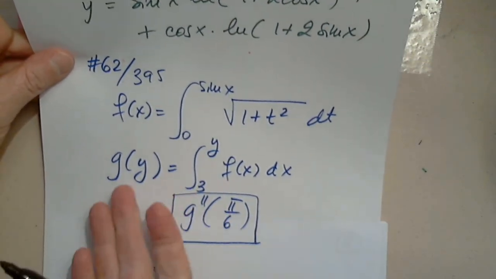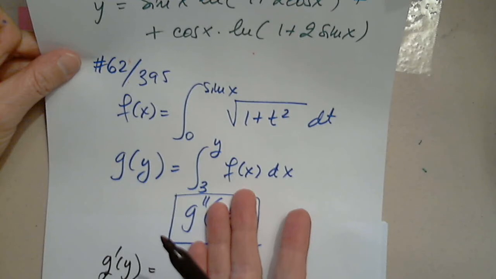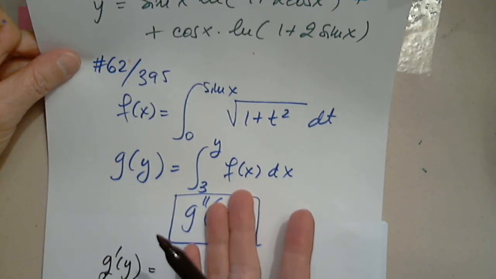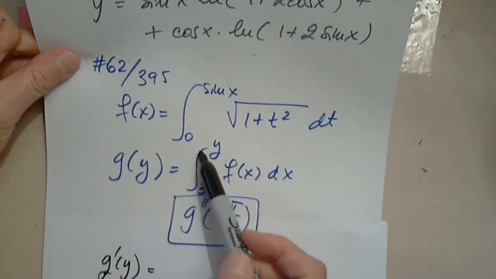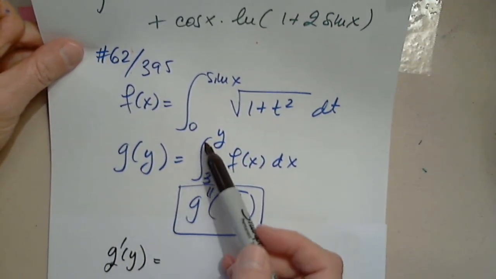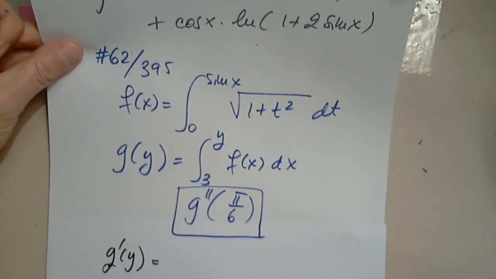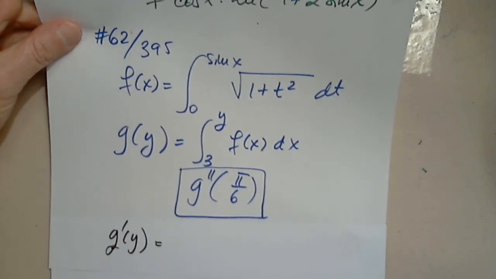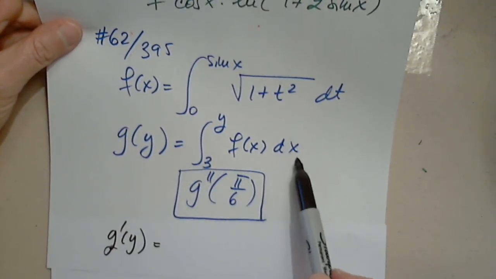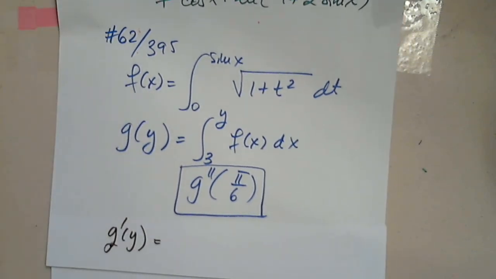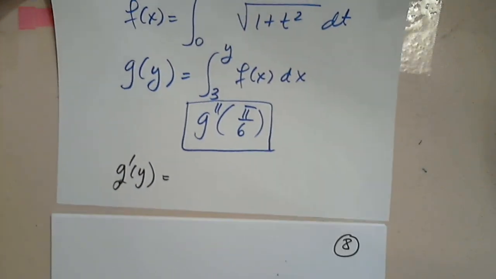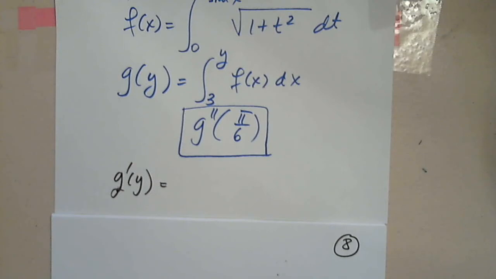So let's differentiate. I see that g is given in the form of an integral, and I can only differentiate, I cannot do anything else, right? So I differentiate the left hand side and I get this, and I differentiate the right hand side, and what do I get when I differentiate this side? What do you think? Just give it a shot.